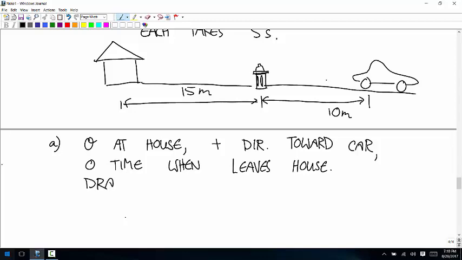And we want to draw a position versus time graph of that whole motion.